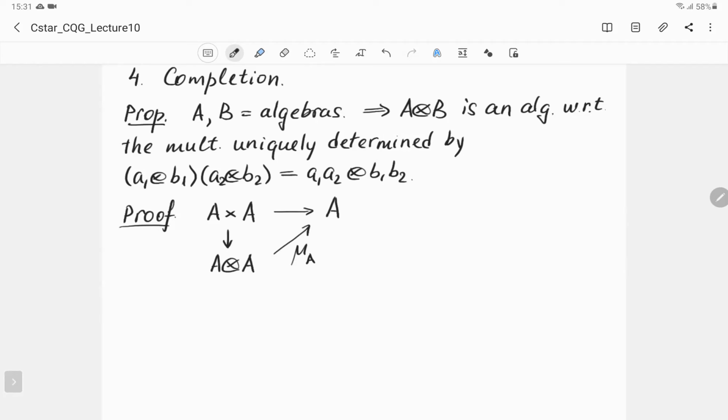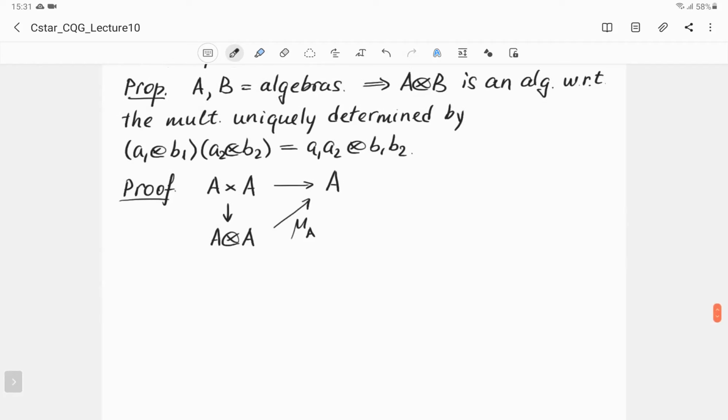And now to define the multiplication on the tensor product. We want to construct a linear map from the tensor product of A tensor B by itself to A tensor B. Well, what we do, we just interchange these two factors by using the elementary properties of the tensor product.